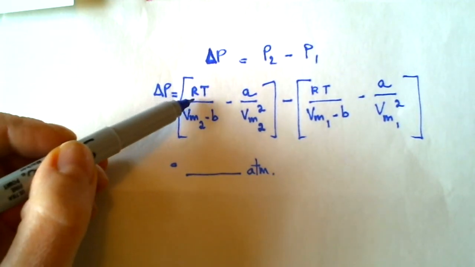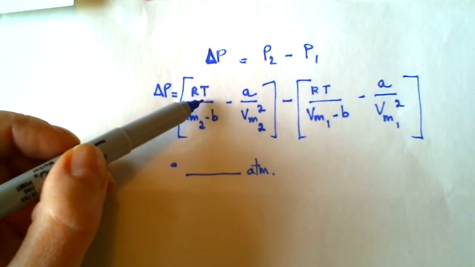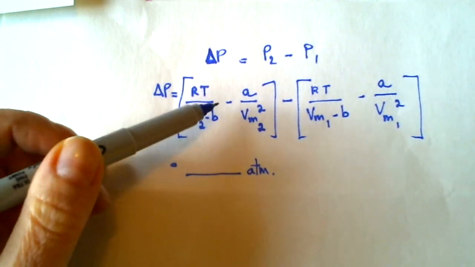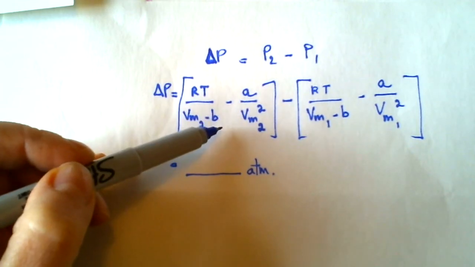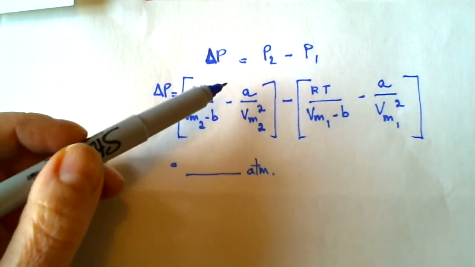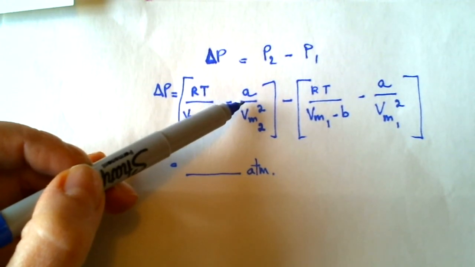This R is 0.08206 liter atmosphere per mole K. The temperature is 310 Kelvin. Your molar volume here is 12.7 liters divided by 0.2805 moles. The B value was 4.31 times 10 to the minus 2 liters per mole. The A is 14.61 atmosphere liter squared per mole squared.